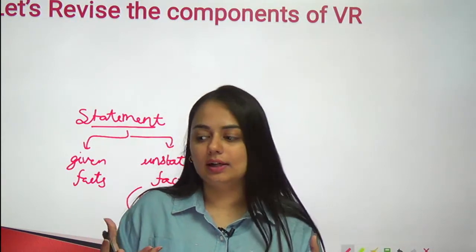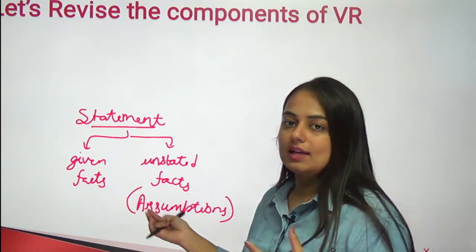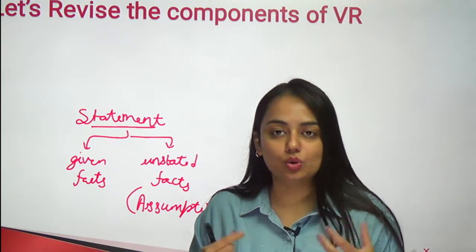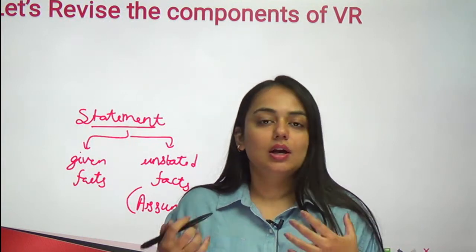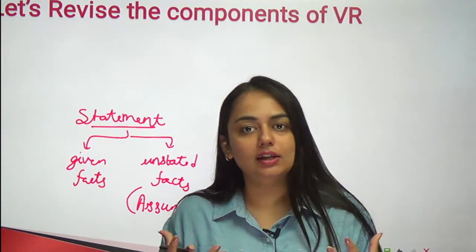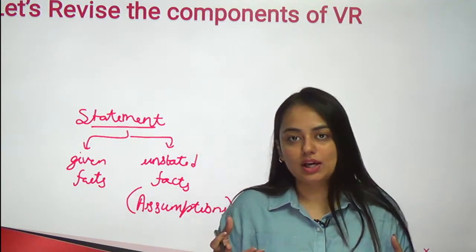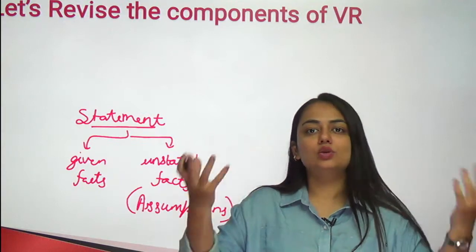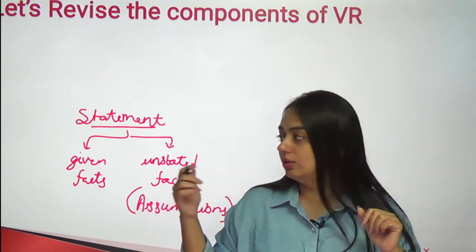Now we can logically understand that a statement which consists of facts, obviously assumptions will be hidden over there. Assumptions are those notions or ideas that the author or the issuer of the statement must have taken for granted before issuing the statement. So whenever you are about to say or issue a statement, there must be so many things on your mind that you take for granted, and then you go on to present some statement.